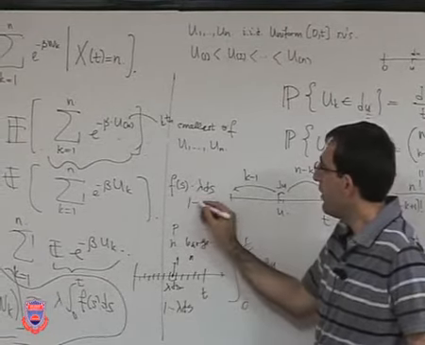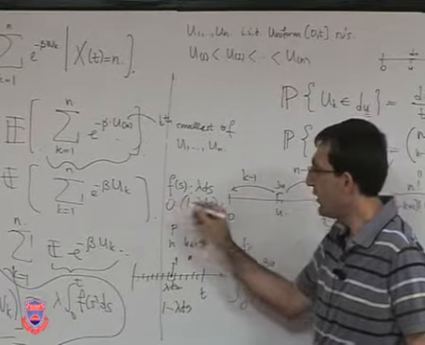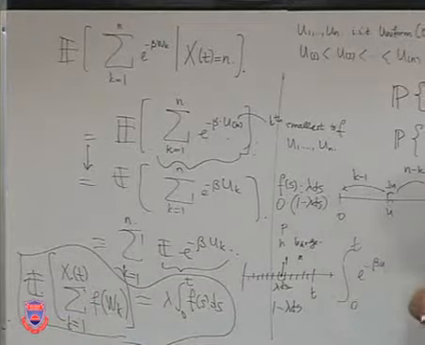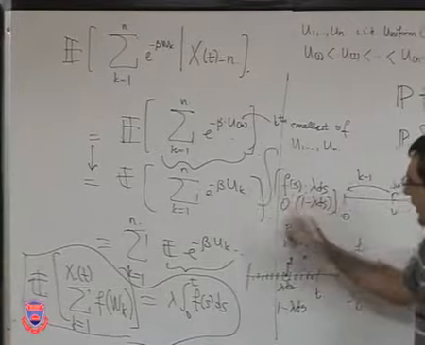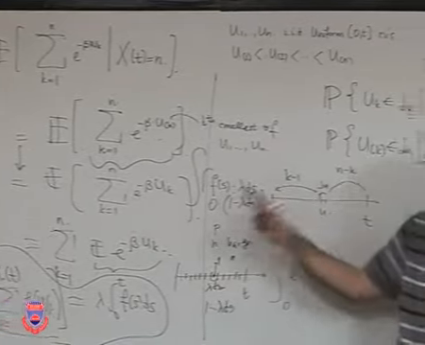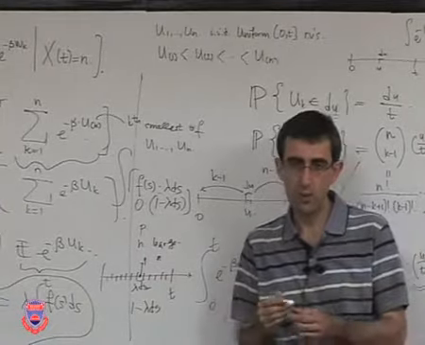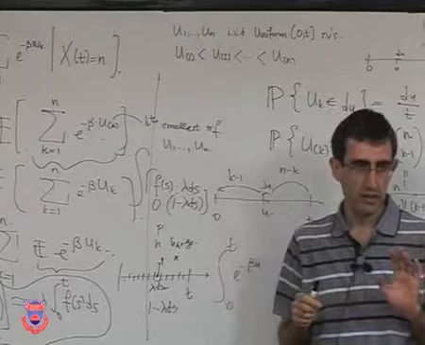And with probability 1 minus lambda ds, nobody comes, and therefore your payoff is 0, because you get f of s only when somebody comes at that time. And you sum over all these small intervals. That's another way of saying it.